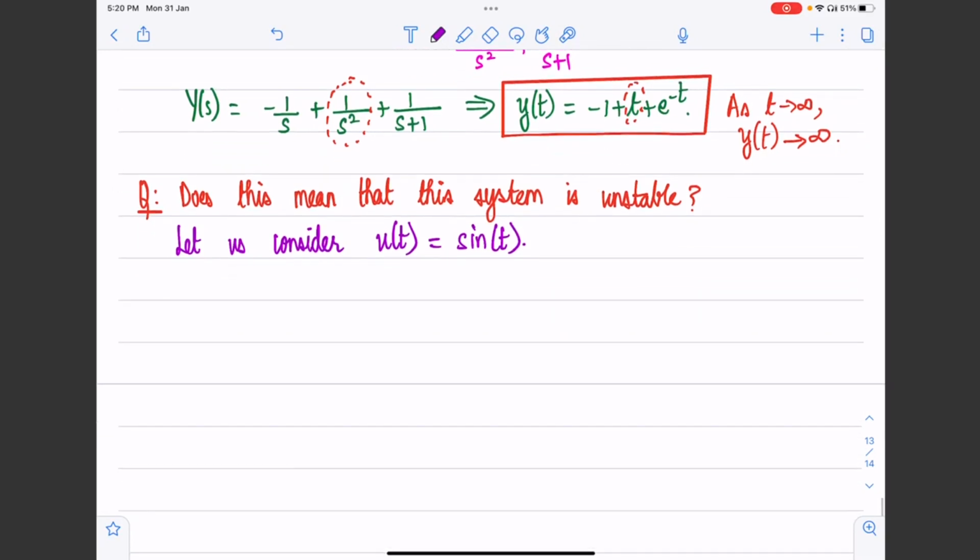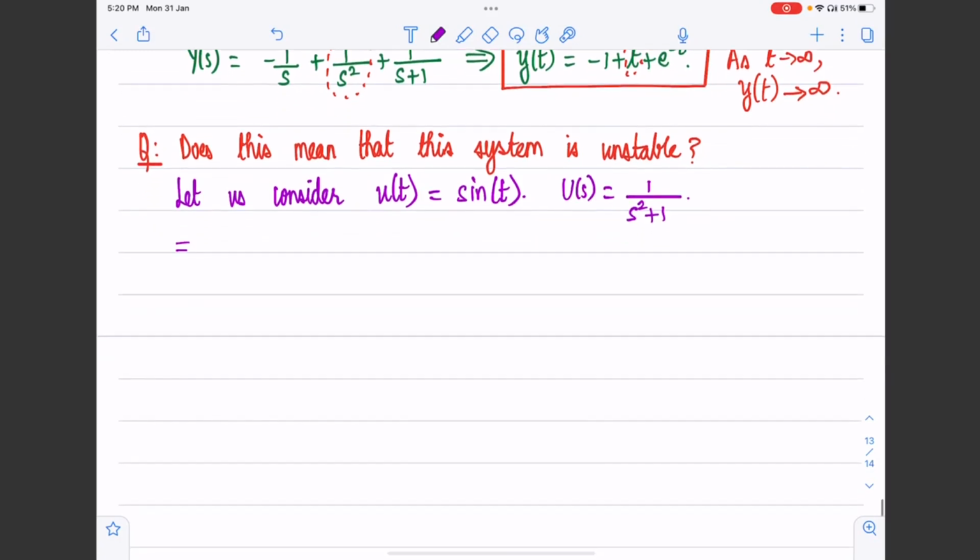Okay. So if u of t is sine t, u of s will become 1 by s squared plus 1. Then what do we have? We have y of s equal to p of s times u of s.